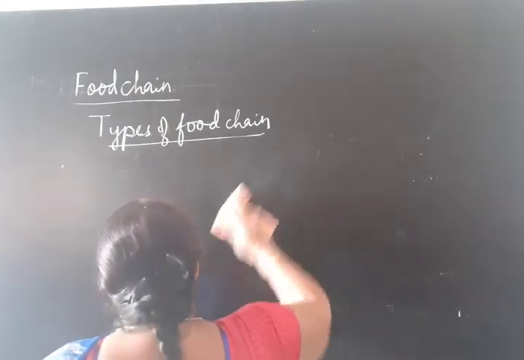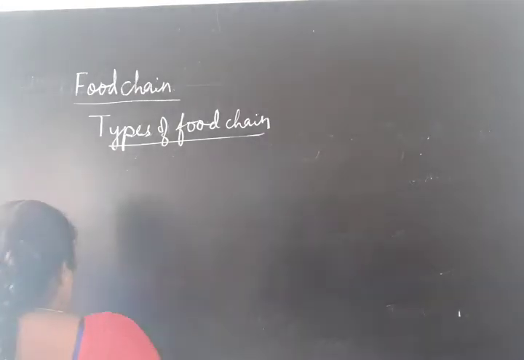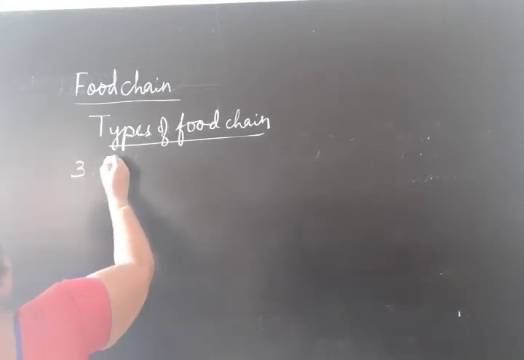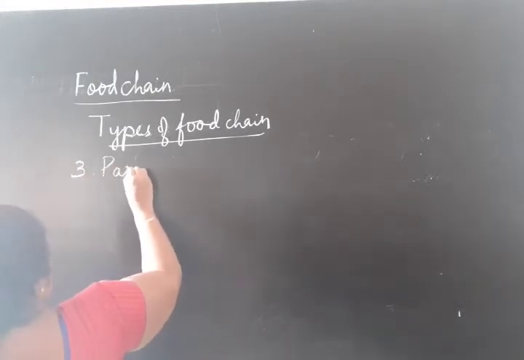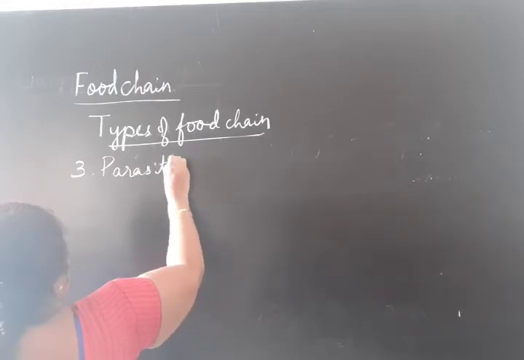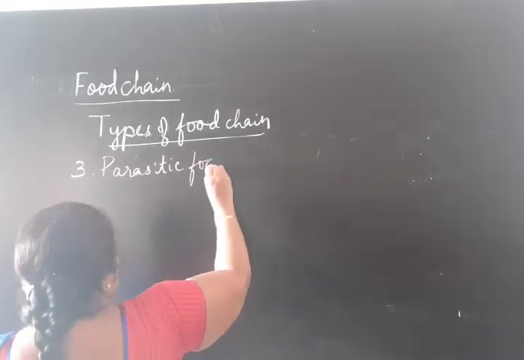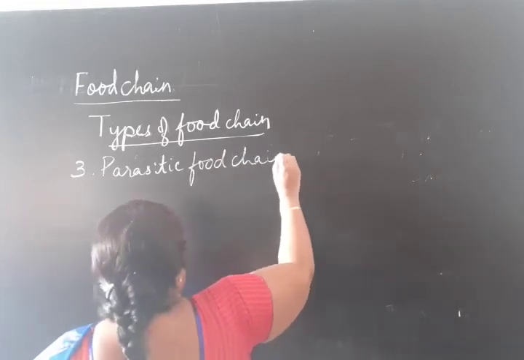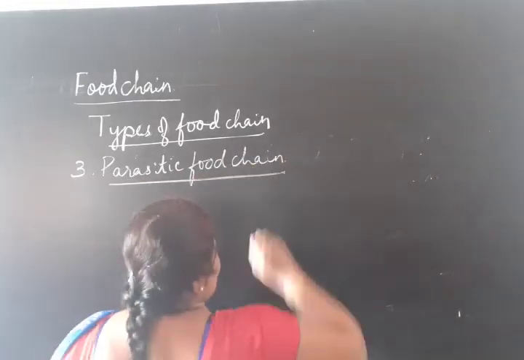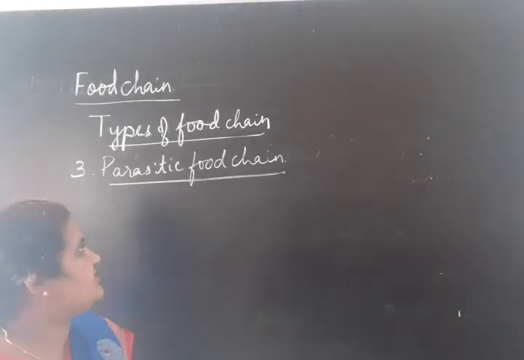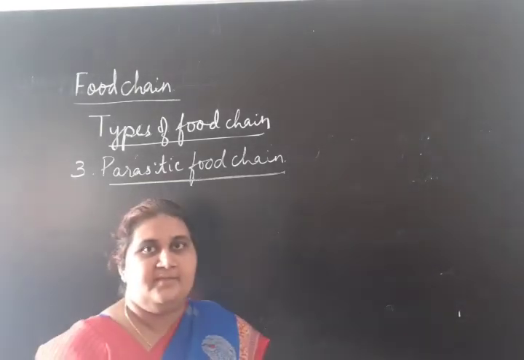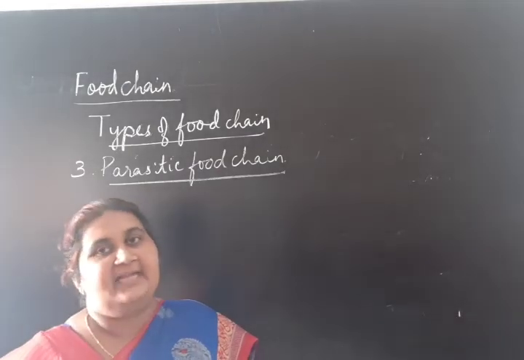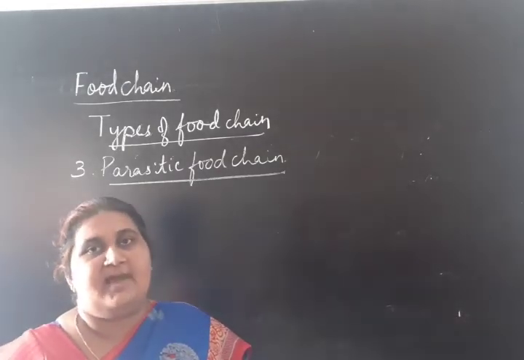The third type of the food chain is the parasitic food chain. In this type of food chain, the food chain begins with the host and ends with the parasite.